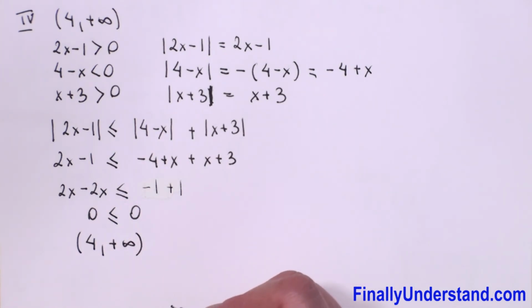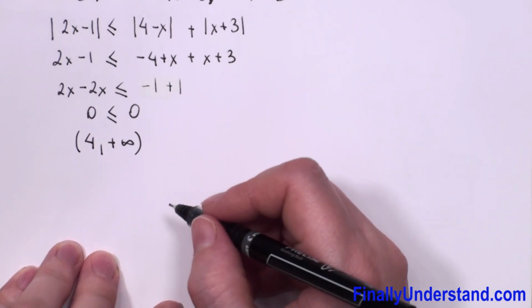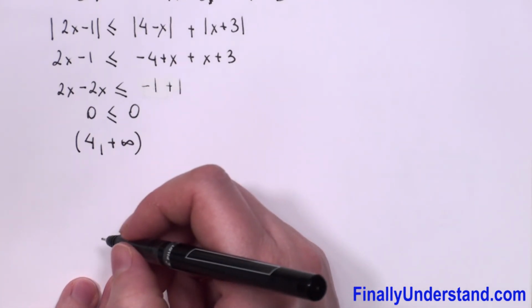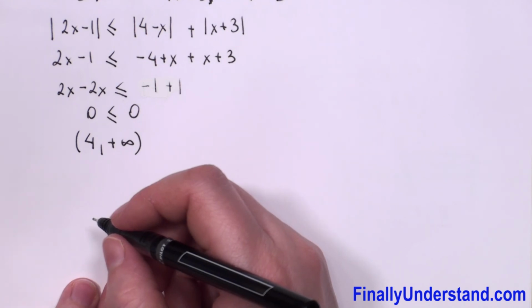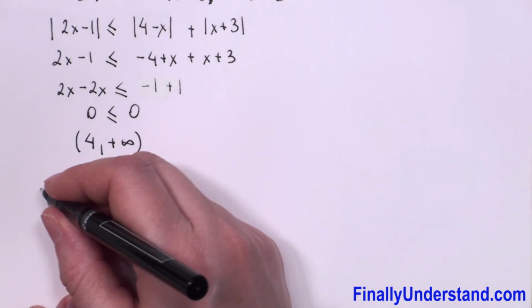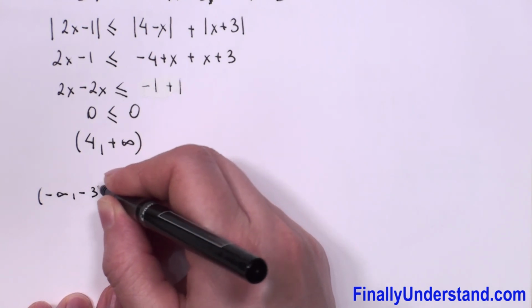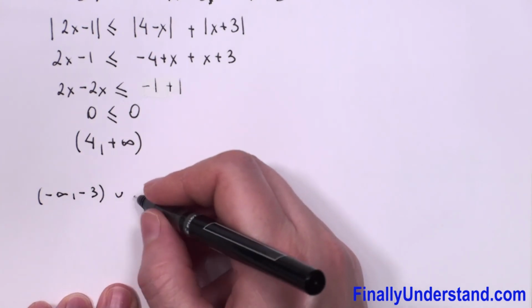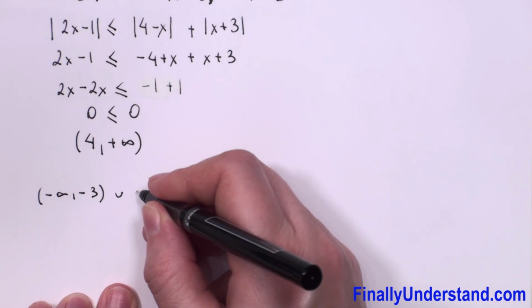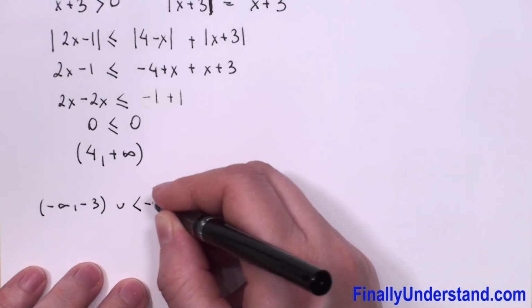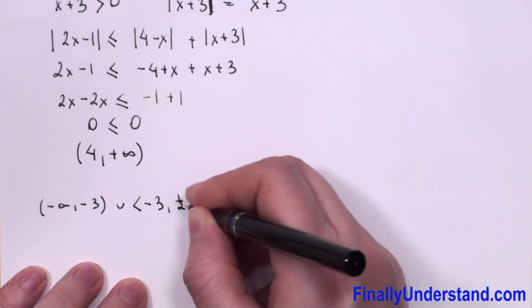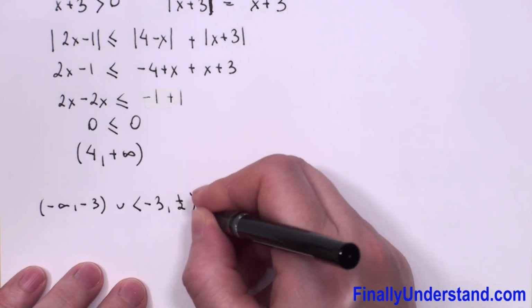Now we have to put together these four cases. From the first case we have solution from negative infinity to negative 3. From the second we have interval from negative 3 to 1/2, closed on the left side.